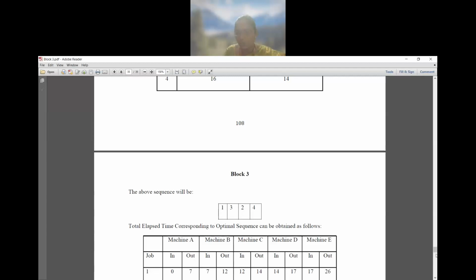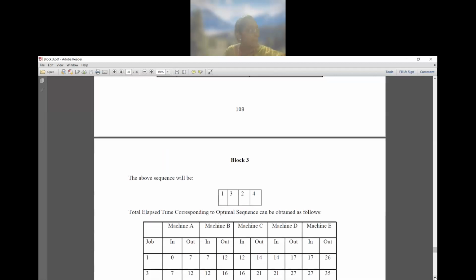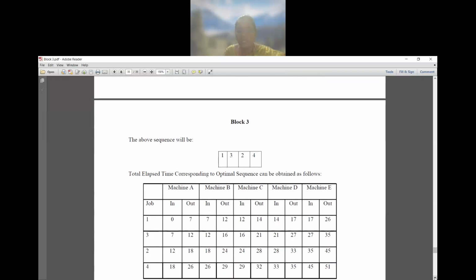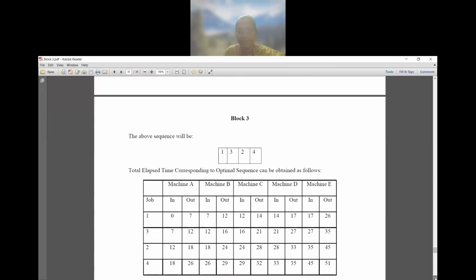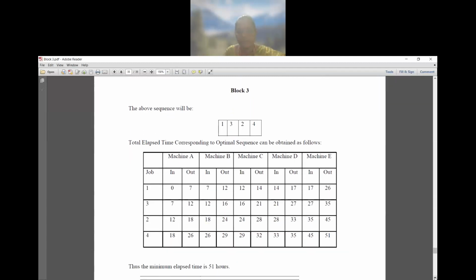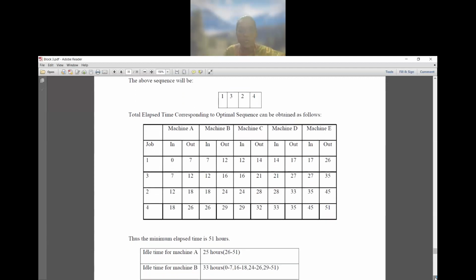As you all know how to find the optimal sequence, it is 1, 3, 2, and 4. Then the total elapsed time corresponding to the optimal sequence can be obtained by using the below table.